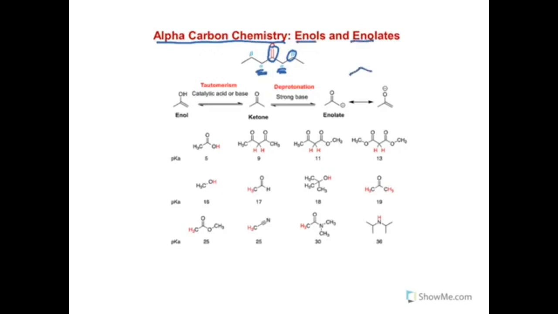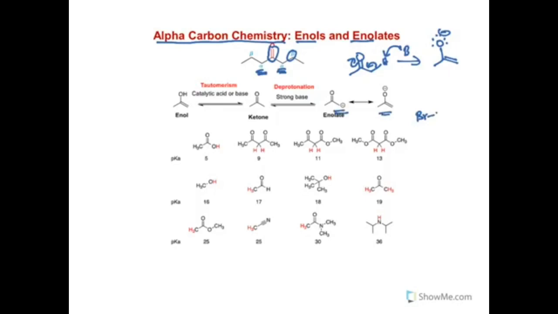For example, we can start from a ketone and use a strong base to do deprotonation in order to form an enolate. The enolate is resonance stabilized.